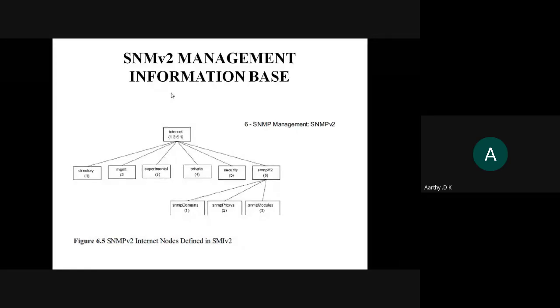Only in version 3 did we get the fulfillment of security in SNMP. So what is this SNMP domain? SNMP domain will tell you what the different communication techniques are that we use.